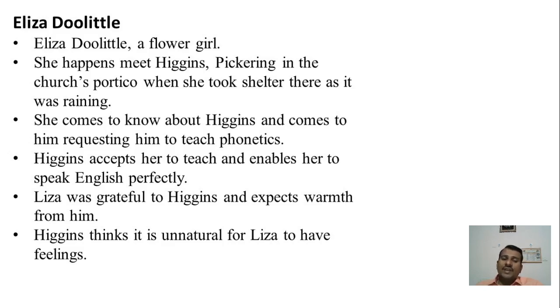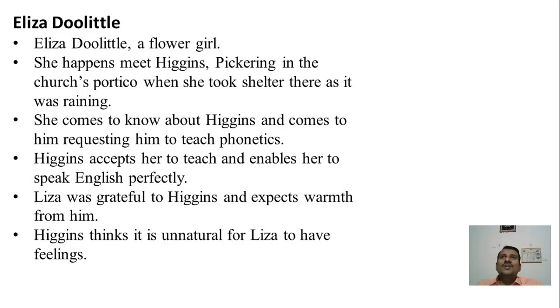Lisa was grateful to Higgins and expects warmth from him. That is her expectation: warmth, consideration, to be treated in a kind way, but she will not get such warmth or consideration from Mr. Higgins. Higgins thinks it is unnatural for Lisa to have feelings.